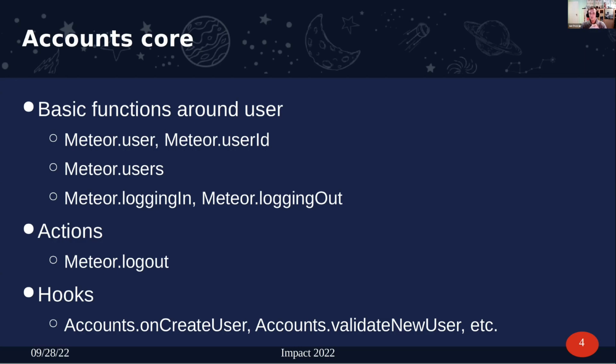Based on the information you have about the user provided during registration, you can also perform additional actions, like changing the default settings for the user. validateNewUser is a hook that can become handy if you limit who can log in or who can create new accounts on your application.